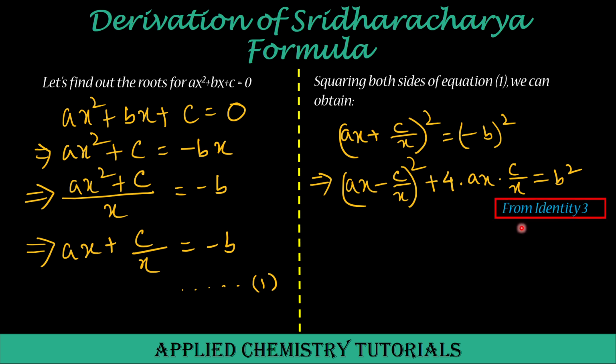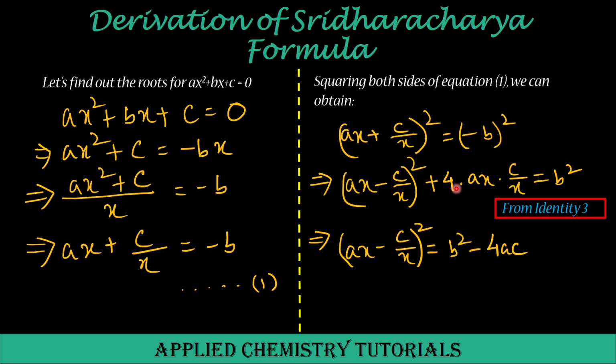So remember that in identity 3, we have shown that (a + b)² = (a - b)² + 4ab, and we are applying the same here. So now from this we can have (ax - c/x)² = b² - 4ac.